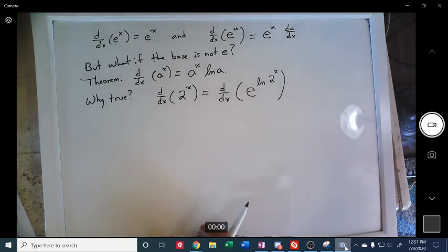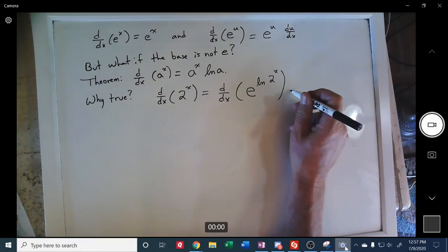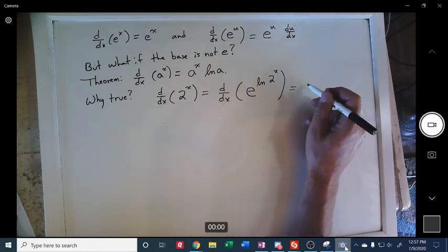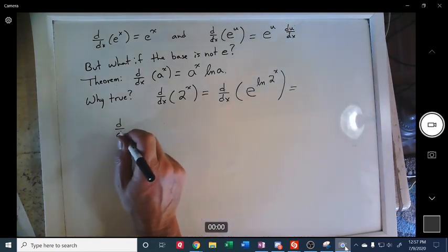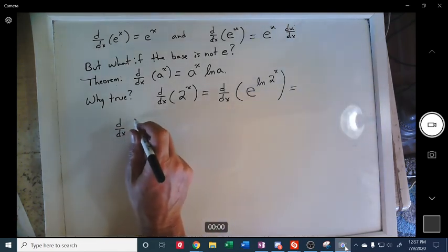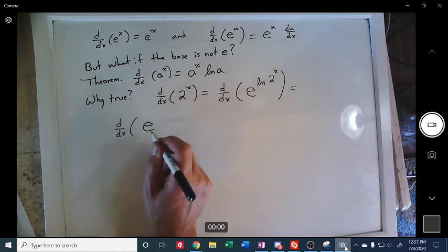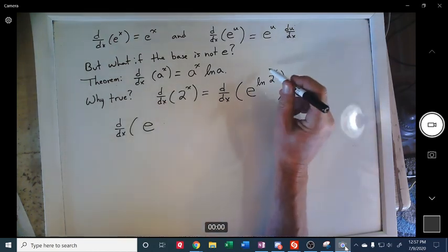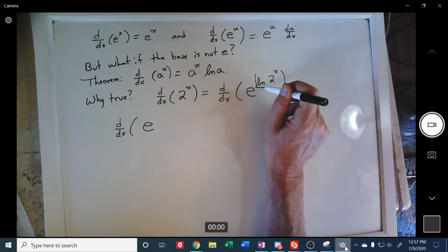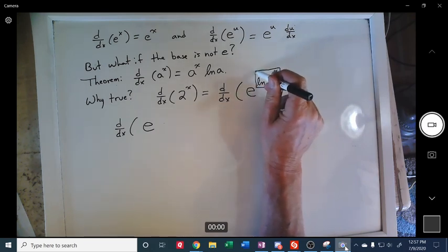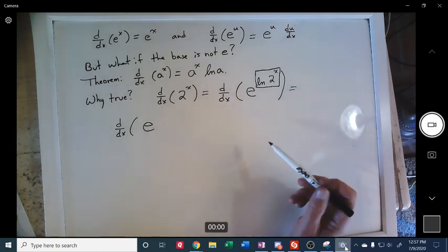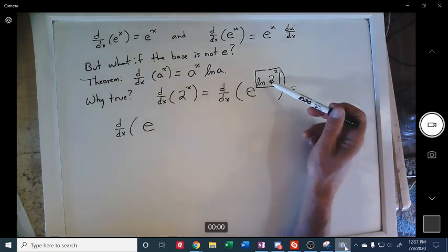All right, now this is going to be the derivative. I'm going to write it down here though, d dx of e. There's something I can do with this so that it's not 3 layers high.